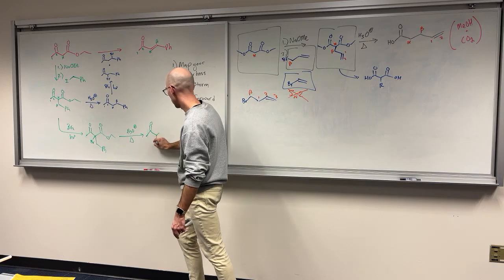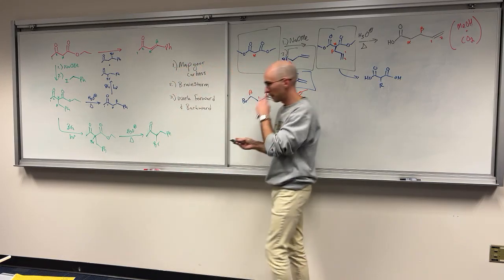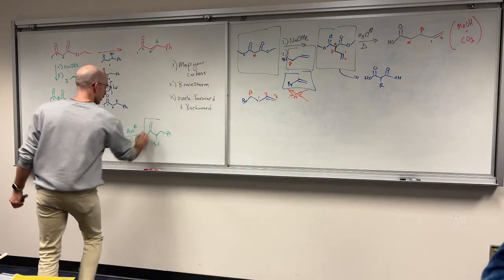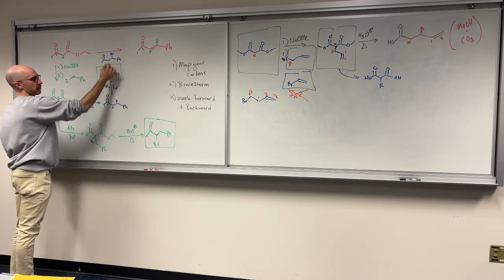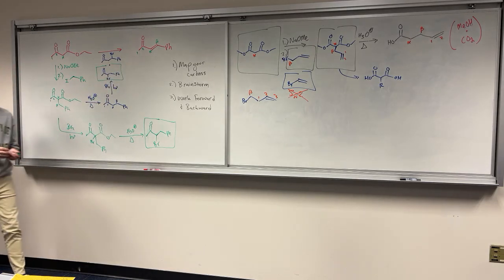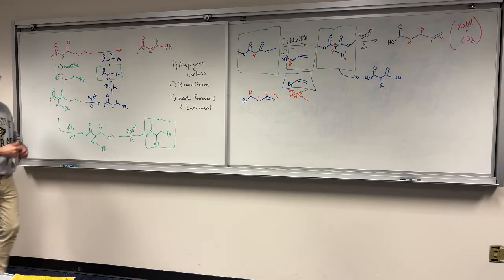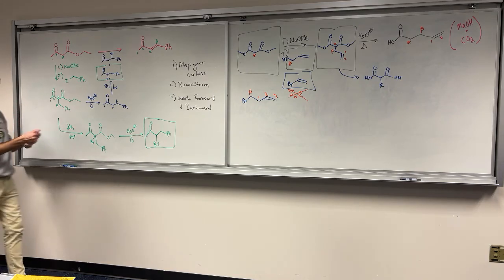Never say never. So now you can see I actually have the same structure twice. This route gave me this structure, and this route gave me this structure. So whichever route you took, you're ending up at this place where you're ready for elimination.